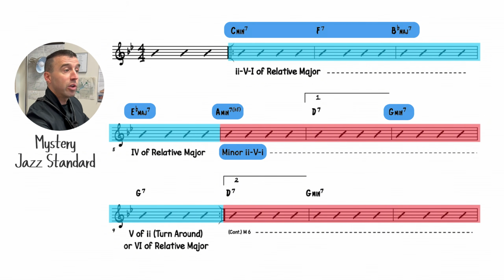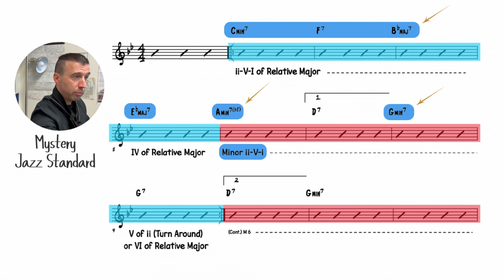So both of these chords, the E flat major 7 and the A minor 7 flat 5, belong to the key of B flat major. But both of these chords also belong to the key of G minor, because in our minor mode harmony, we have our 1 chord and our 2 is half diminished. And so there's my 2 chord. So this A minor 7 flat 5 is both the 7 chord in the key of B flat major, and it's the 2 chord in the key of G minor.